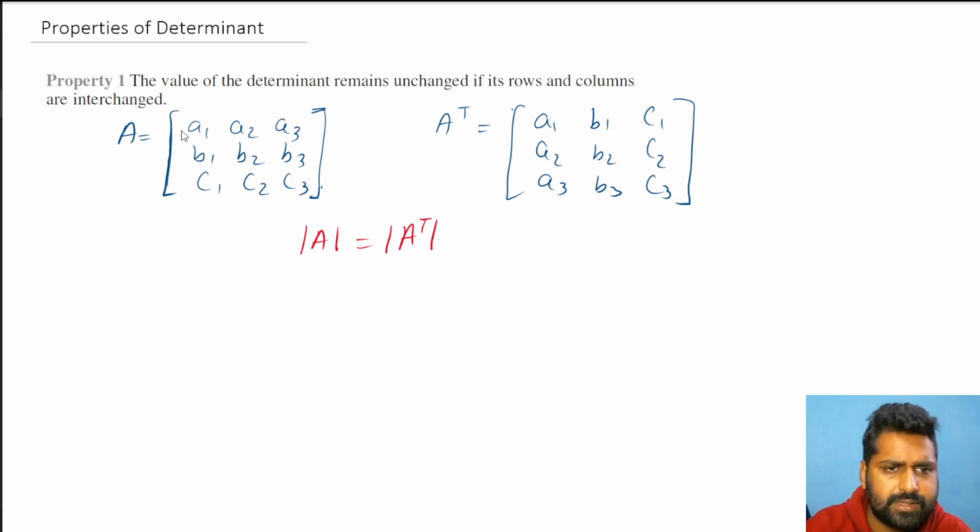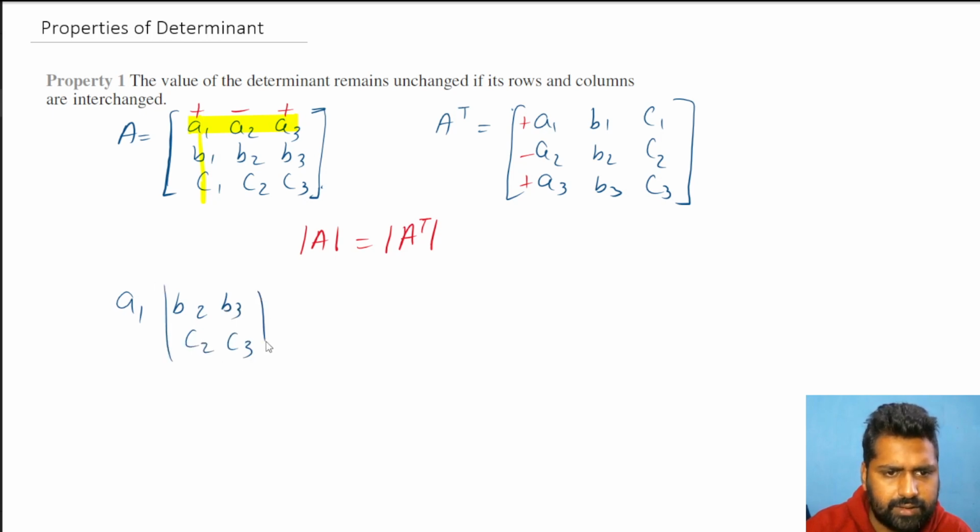Why that happens is because you have the freedom to open the determinant about any row or column. Suppose you are opening about the first row, so positive, negative, positive. Here you are opening about the first column, positive, negative, positive. I'm writing the first expression. A1 will be multiplied with, leave the first row and first column, so that will be the determinant of B2, B3, C2, C3.